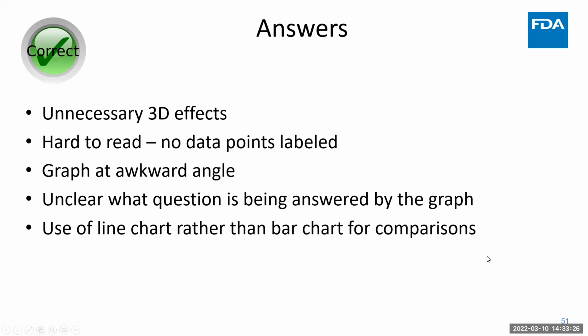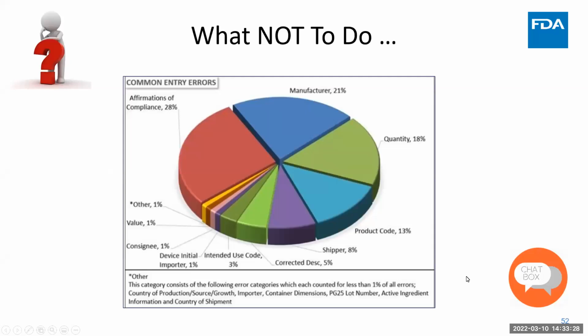Now here's another example. This one I did draw from an FDA source on a public-facing website. It does do a few things right. It gives the percentages on the pie chart, but it makes a whole bunch of other mistakes. Can you find them all? No 3D, very good.